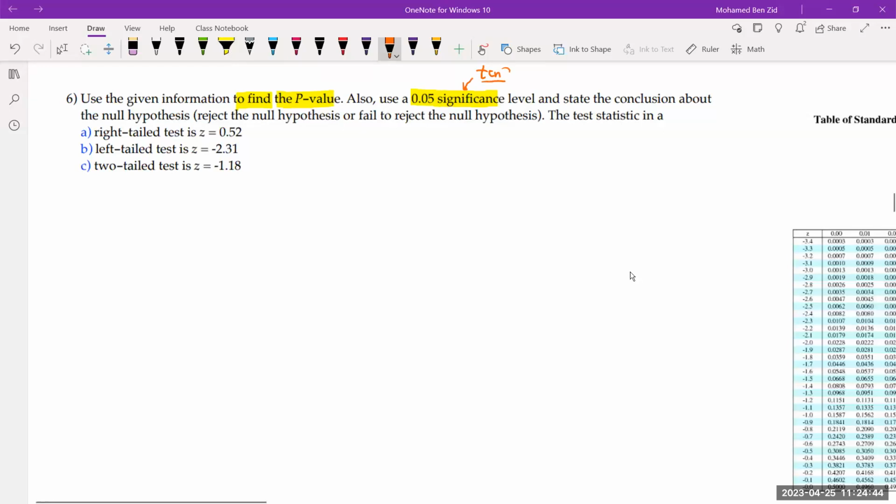But anyways, let's do A. A is a right tail, so let's graph a right tail. Alpha is going to be the totality here. This is the right tail, and alpha is going to be 0.05.